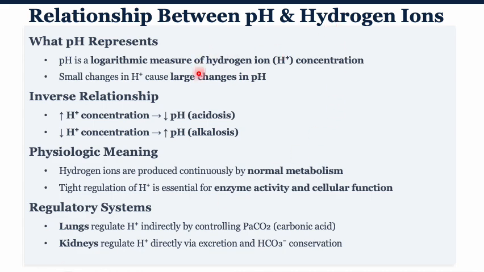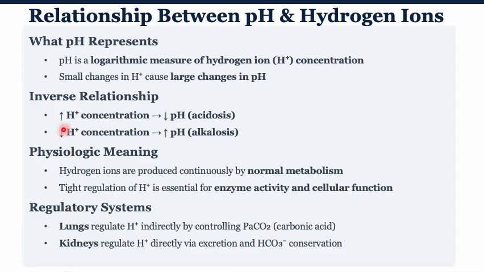So let's discuss the relationship between the pH and the hydrogen ion in a little bit more detail. Again, the pH measures the hydrogen ion concentration. Small changes in the hydrogen ion can cause a large change in pH.